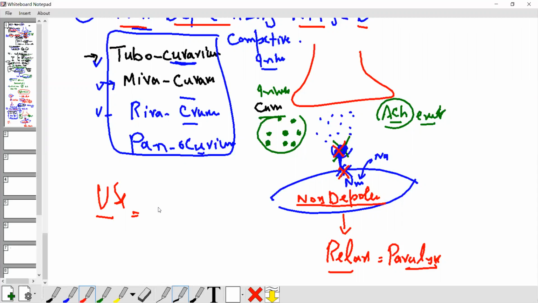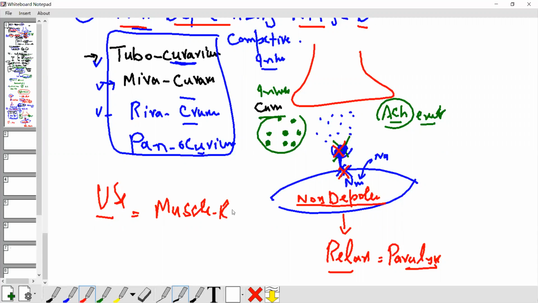So pain stimulus increases muscle contraction. So in surgery, we must use a muscle relaxant. Otherwise, if you stitch the abdomen, the abdomen opens again. The stitches we use can't hold because of strong muscle contraction. We need muscle relaxation. Clear?